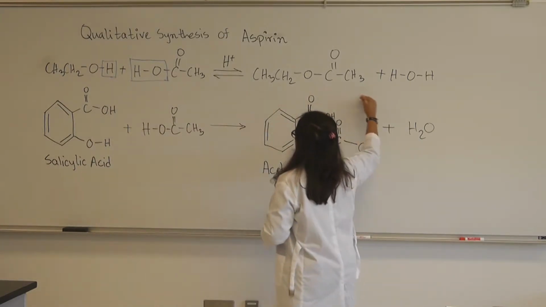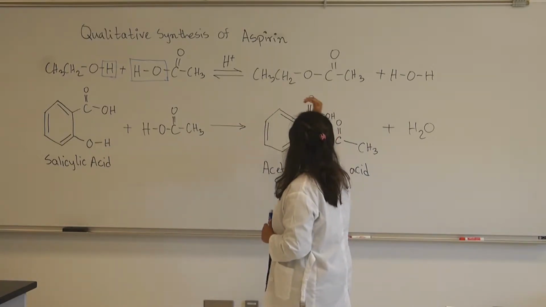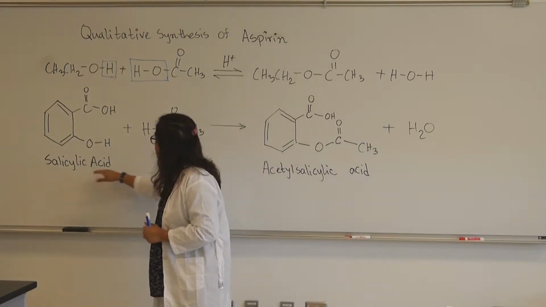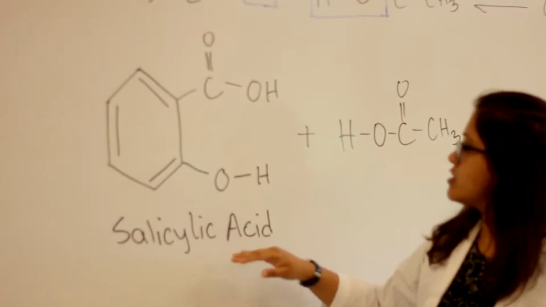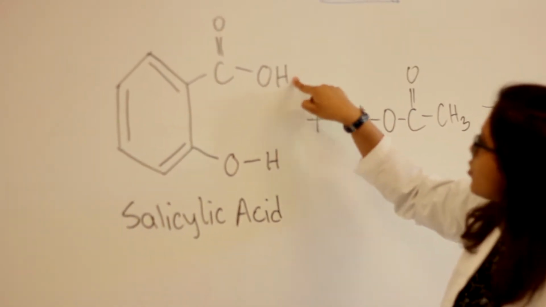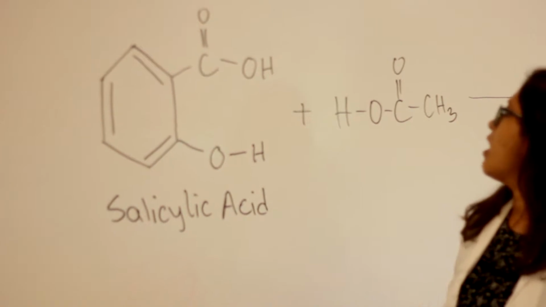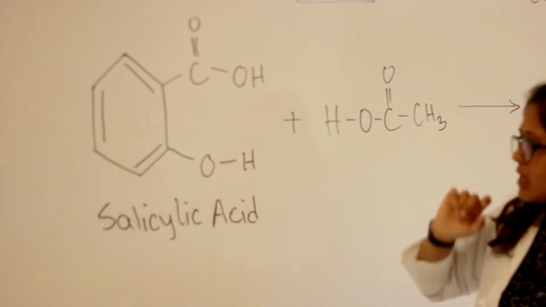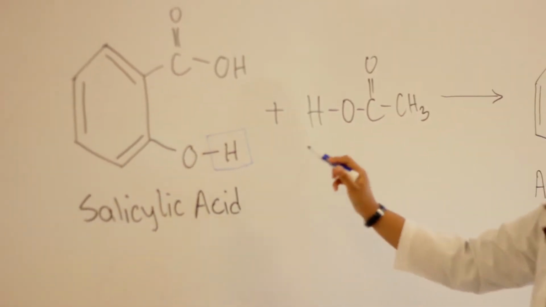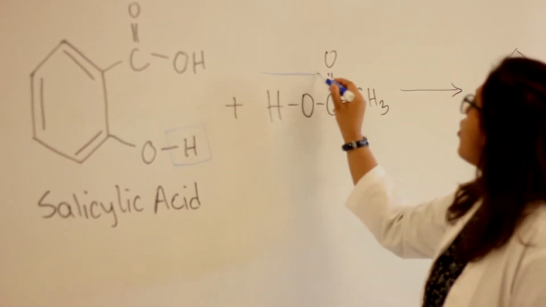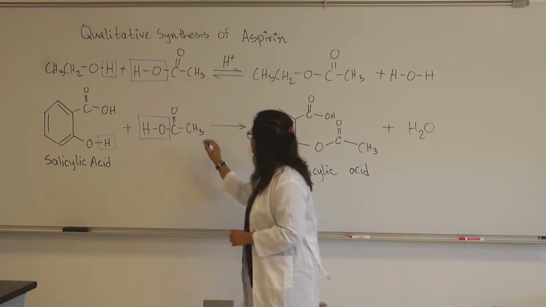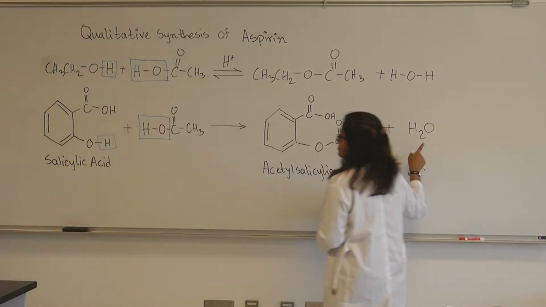Following this esterification reaction, producing the active ingredient of the aspirin, the reactant salicylic acid is a special substance in that it has both the carboxylic acid group and the alcohol group. It doesn't react between them. Instead, the hydrogen from the alcohol reacts in the same way with the OH of the carboxylic group of an acetic acid, giving off water.